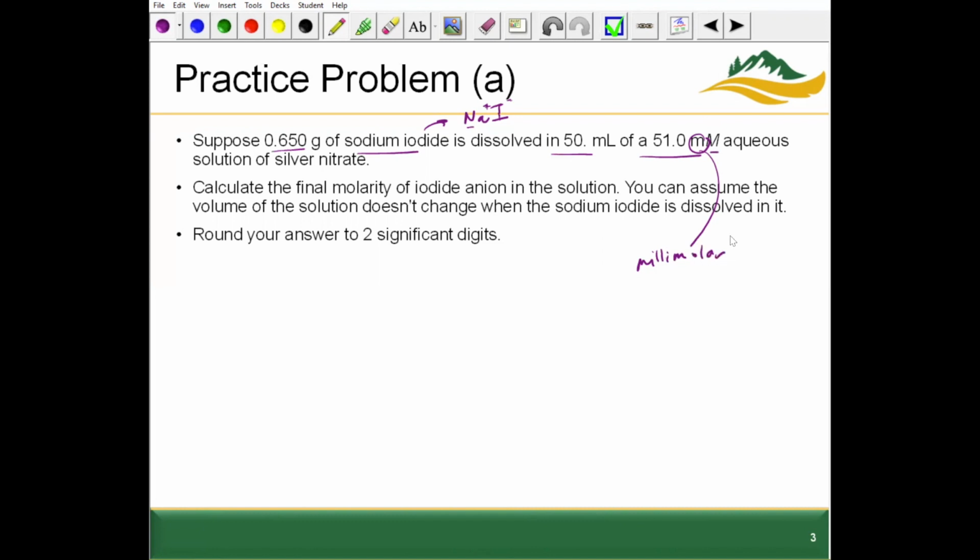So I could picture writing out right away that this is 51.0 millimoles of solute per liter of solution, because molarity is still moles of solute per liter of solution.